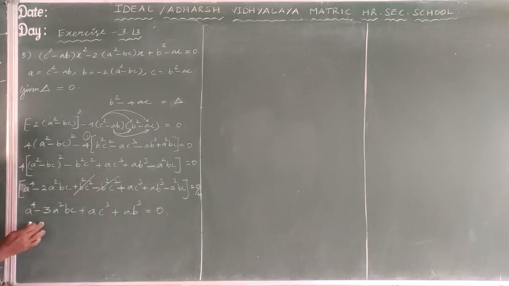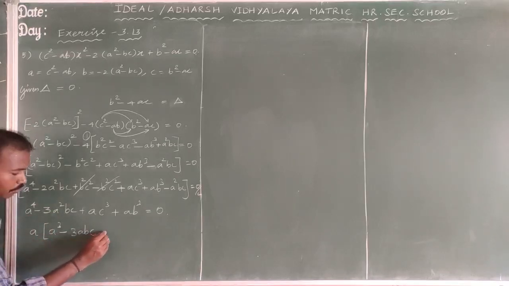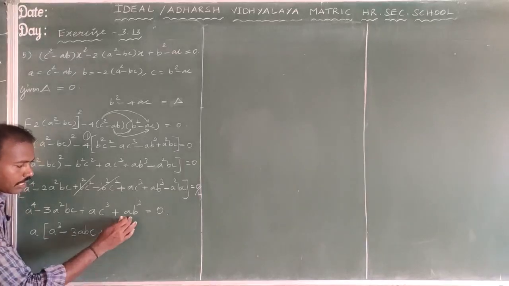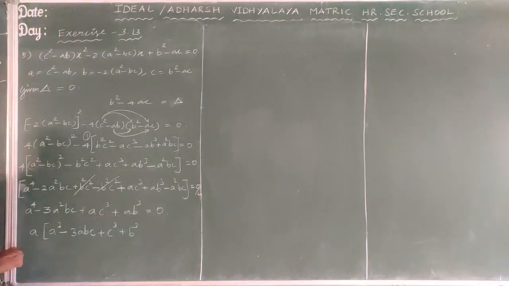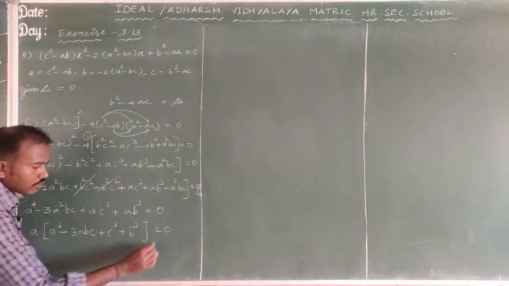Next, in all terms a is common, so taking a as common: a cube minus 3abc plus c cube plus b cube is equal to 0.